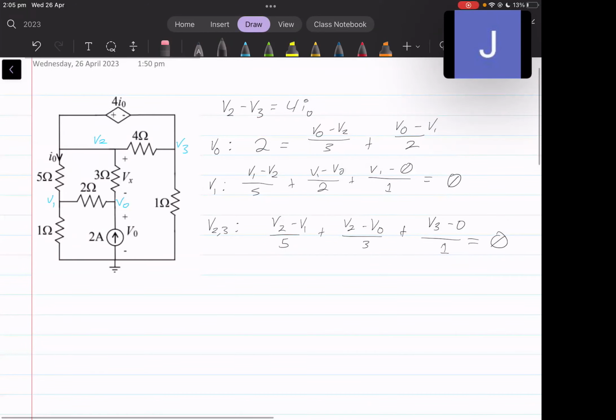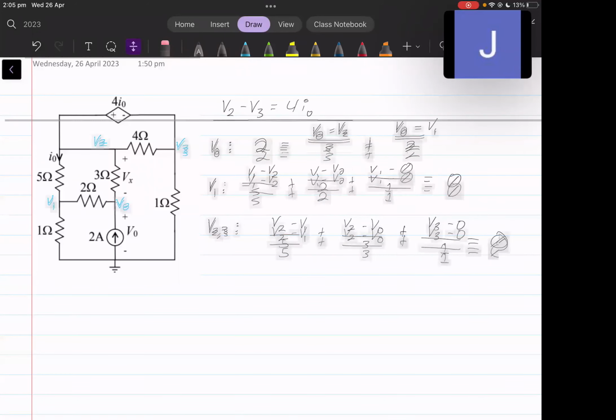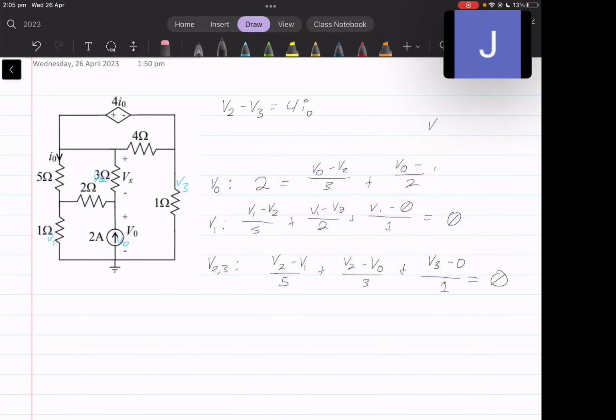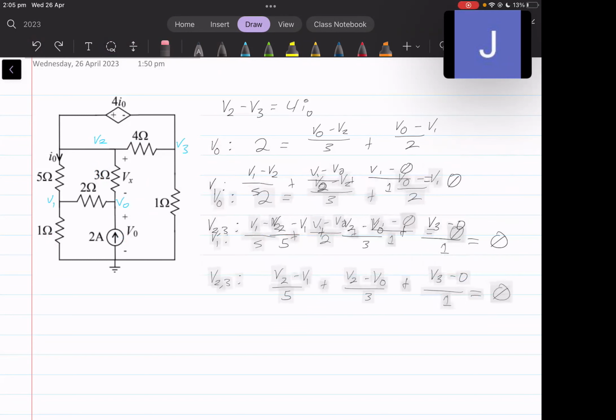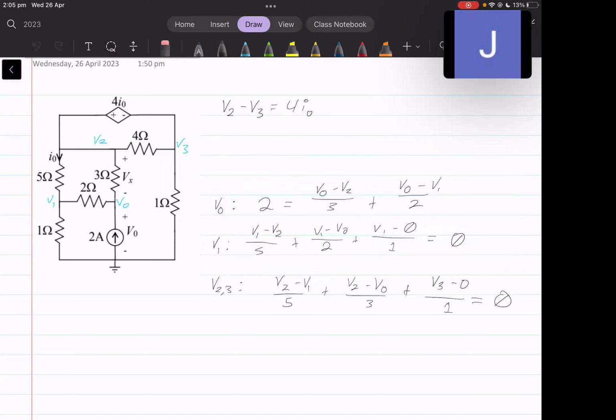So we can say I0 is V2 minus V1 on 5, just from Ohm's law: the voltage across the resistor divided by the resistance.